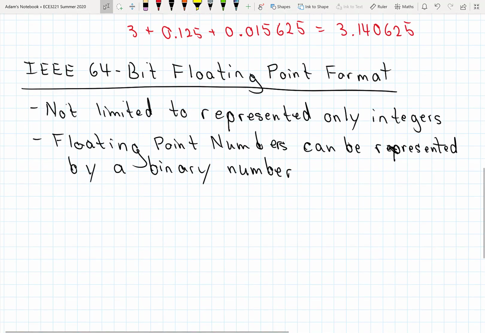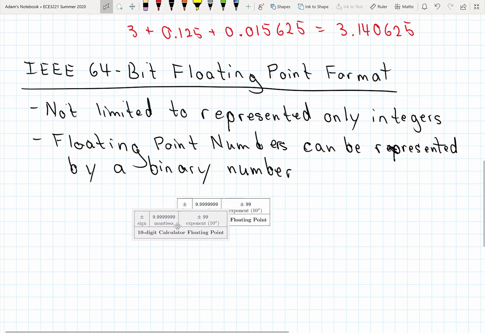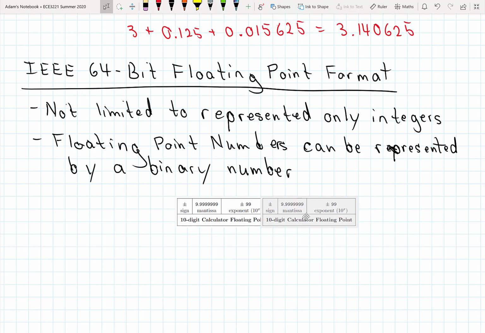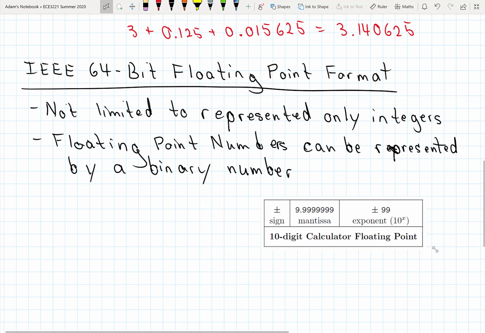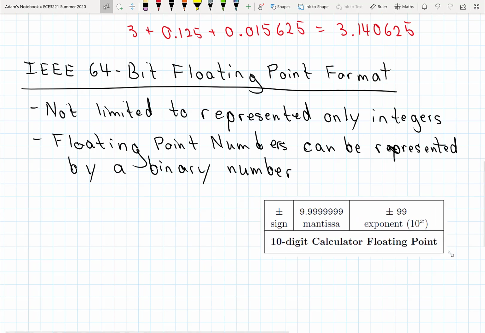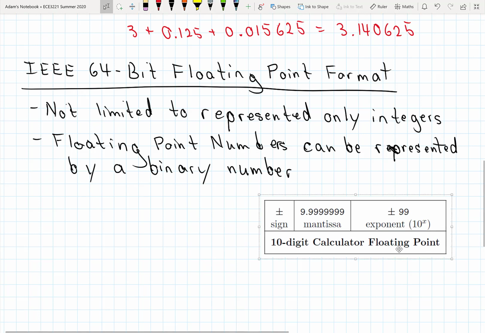Okay, before we look at the structure of this format, let's consider a, I'm going to put this off to the side because this is not IEEE 64-bit floating point format. But imagine a calculator that is limited to just 10 digits being displayed.